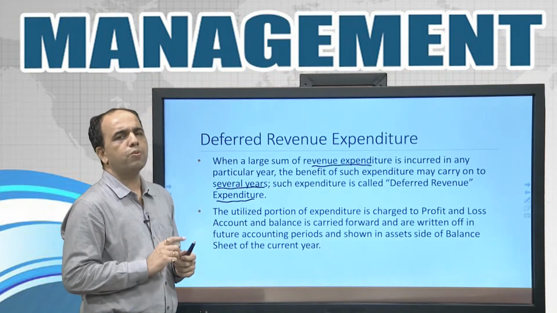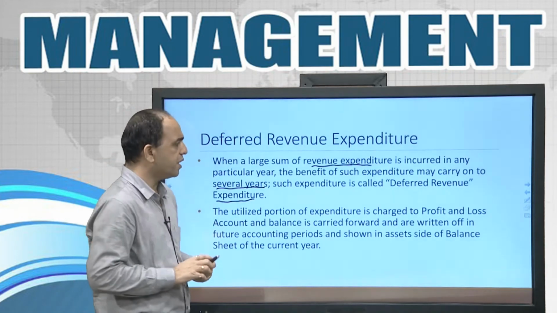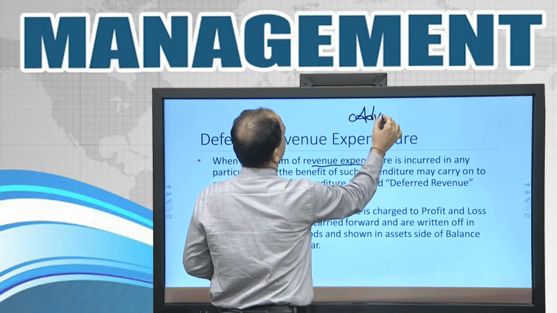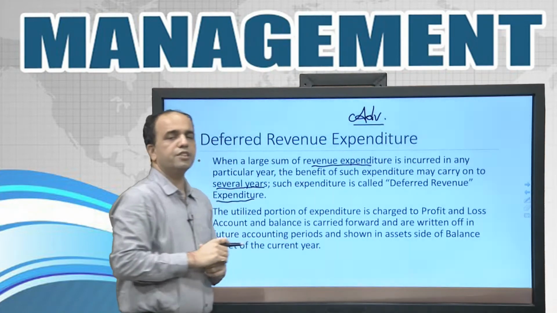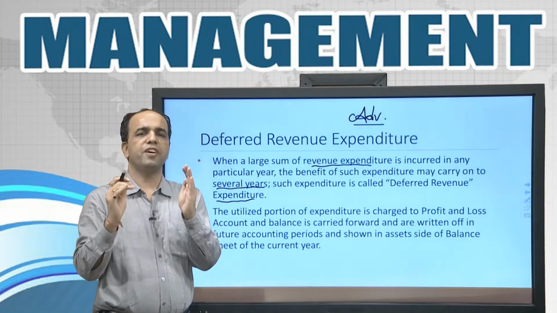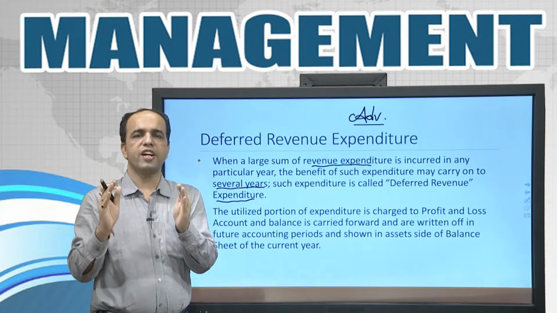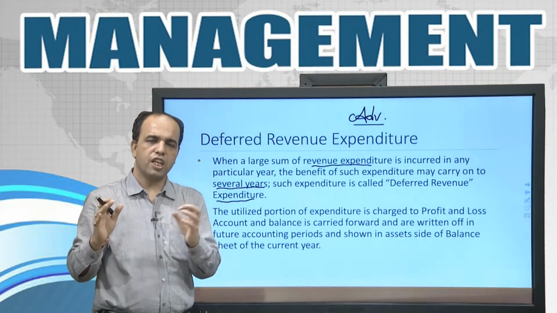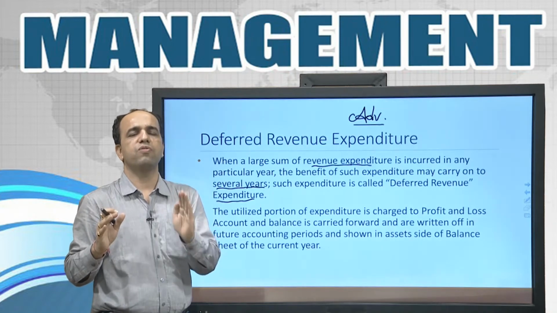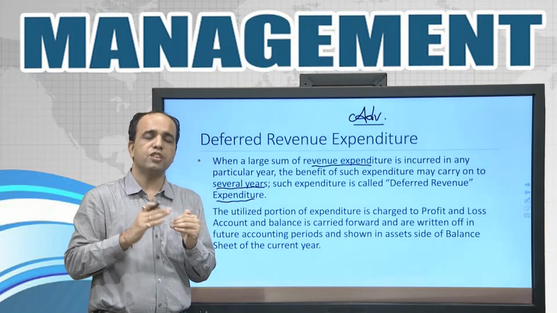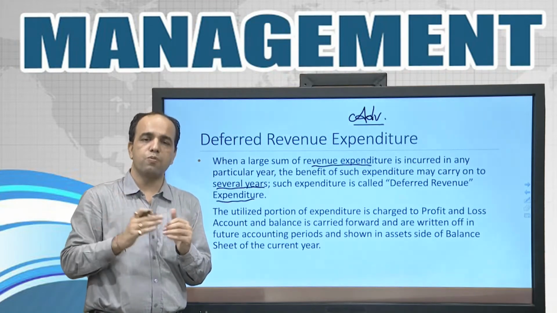Friends, the wonderful example of deferred revenue expenditure is advertisement, right? Generally, if we have paid for advertisement on a large scale, suppose we have a contract with a celebrity for 5 years, and we paid 5 crore rupees for 5 years this year only, but the benefits we will get for more than 1 year, up to 5 years.